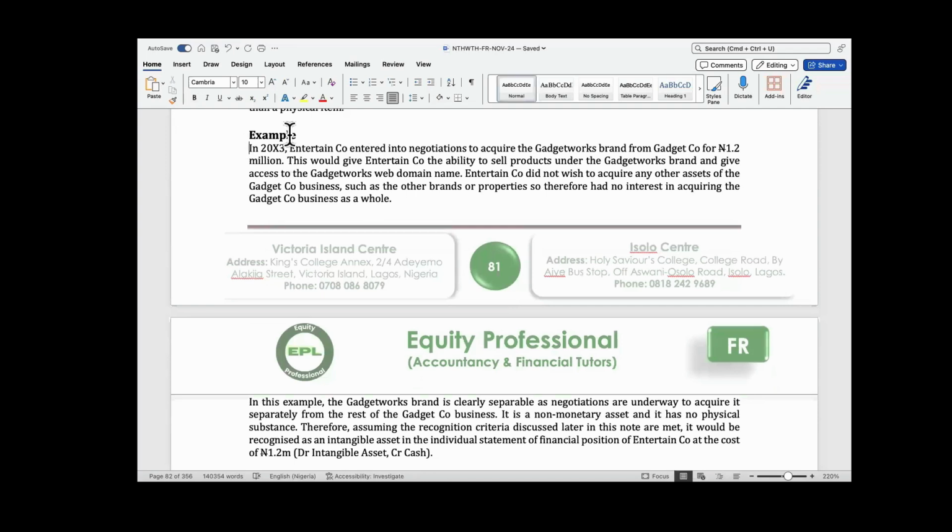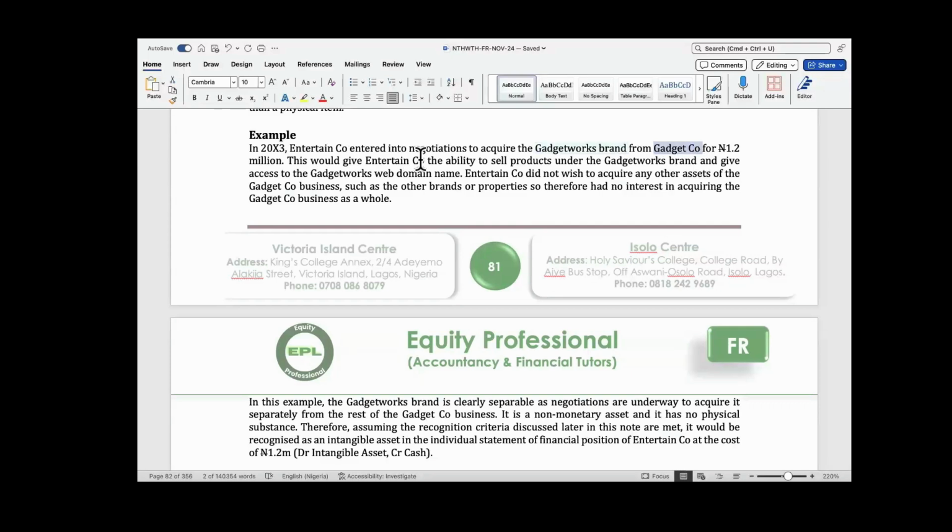It says in 2003, Entertain Co. entered into negotiations to acquire the Gadget Works brand from Gadget Co. for 1.2 million.